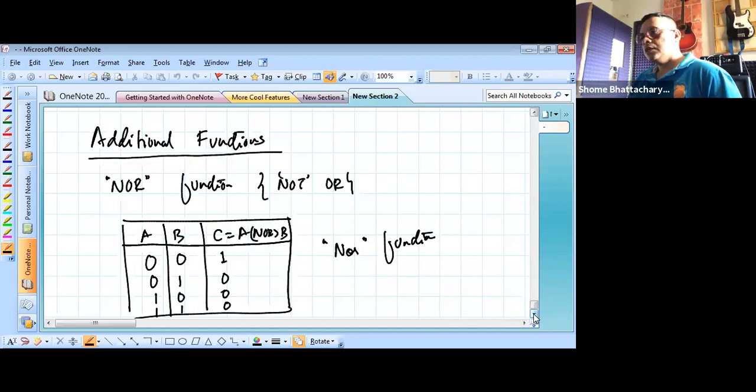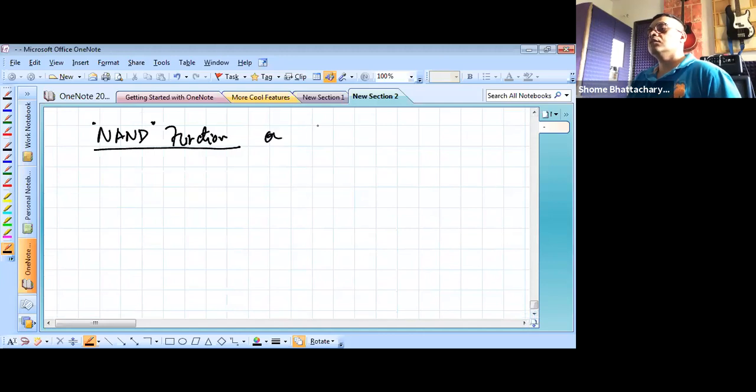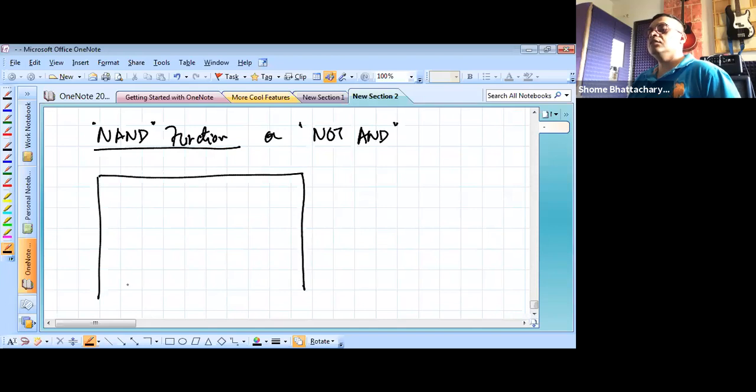Then similarly, another logic gate there is called the NAND function. Actually, first we are discussing about the functions. We'll come to the gates later. This is not AND. You just take the AND function and invert it.